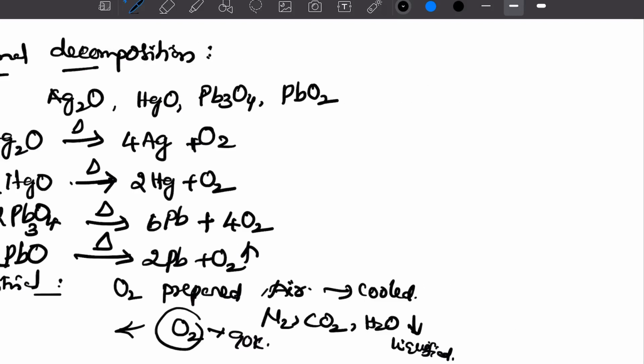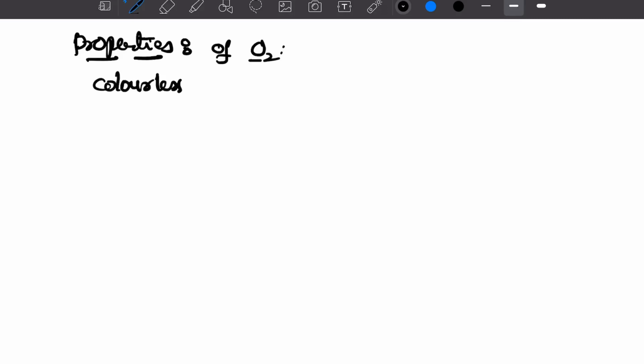And next is the properties of oxygen. What are the main physical properties of oxygen? First, oxygen is a colorless, odorless gas.